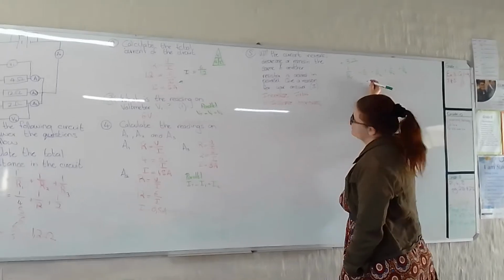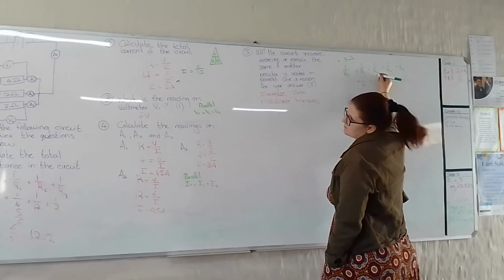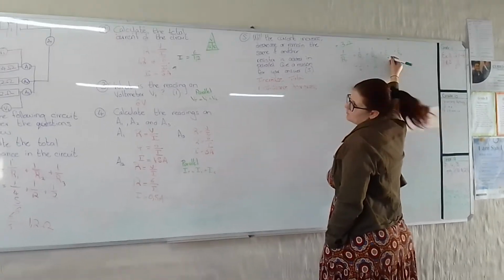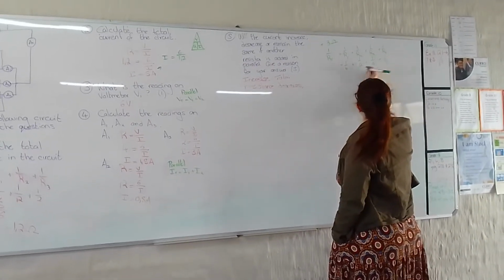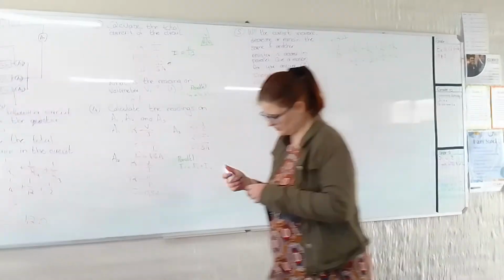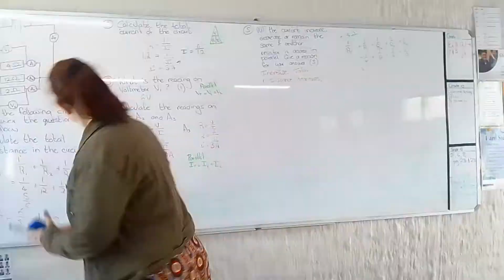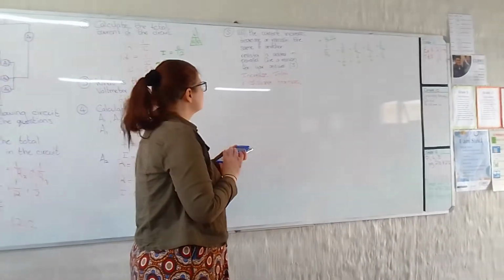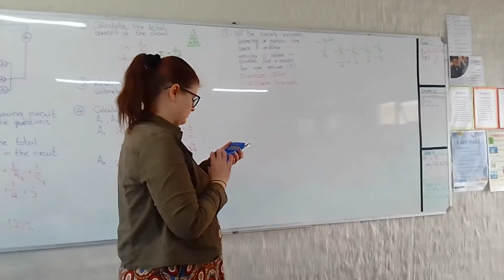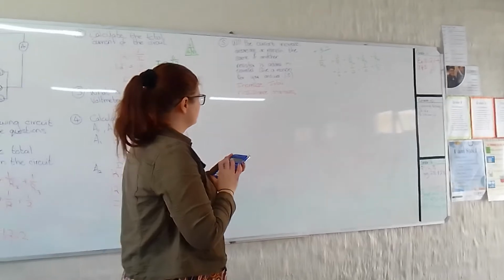So I say 1 over 4 plus 1 over 12 plus 1 over 2 plus 1 over 3. That gives me 1 and 2 over 12, or 1 and 1 over 6.